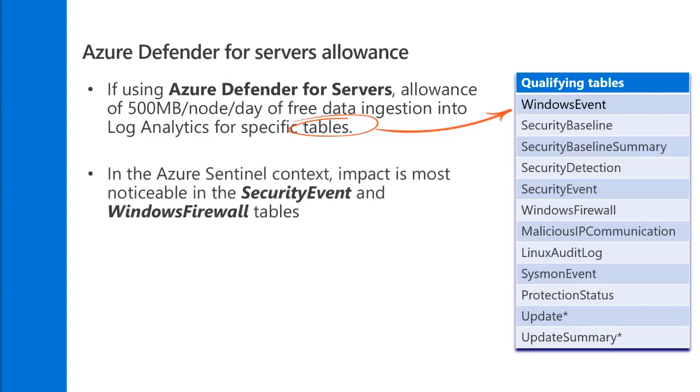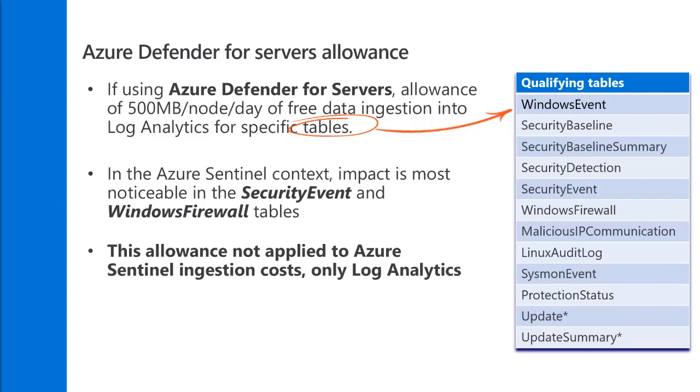Now, from the Sentinel context, the impact of this benefit is most visible when you are using security events and Windows firewall tables as some of the sources that qualify for that benefit. Now, this allowance is not applied to the Azure Sentinel ingestion cost, only to the Log Analytics cost.